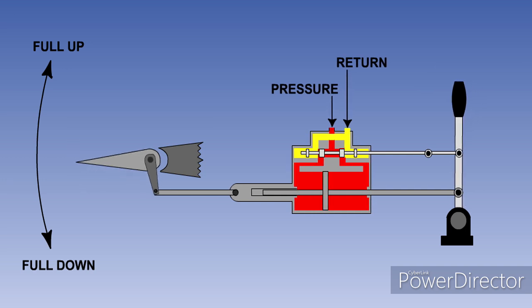If the pilot releases the control, these loads will return his control to the centre and bring the control surface back to neutral. Power-assisted flying controls are therefore reversible controls in the same way as those in a manual system.